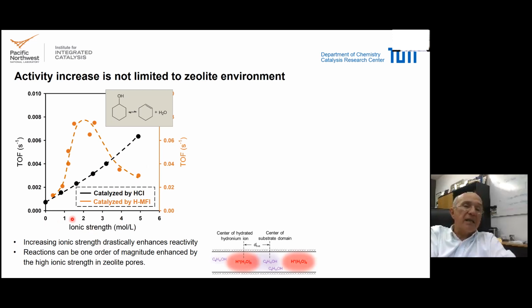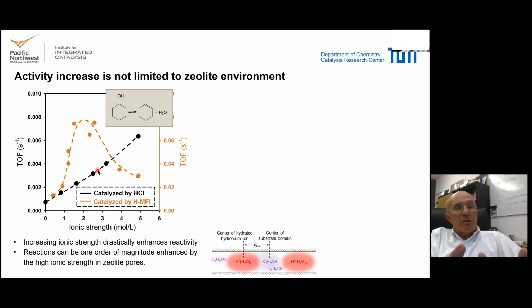We just added lithium chloride as an electrolyte in order to increase the ionic strength. And you see, you increase by about an order of magnitude. Look at the difference in scales between those two cases. So we do have a turnover frequency in the zeolite which is 2 orders of magnitude, 1 order of magnitude larger than the changes that we observe in liquid phase.